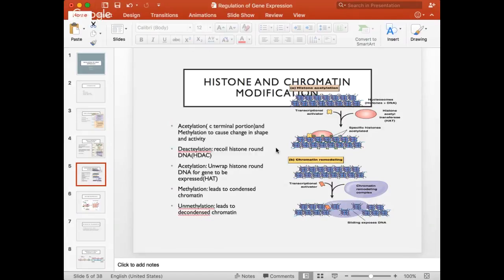So why is this useful? How does this help to regulate gene expression, basically? So let's say we don't want a particular gene to be expressed. That way we could hinder transcription from occurring.